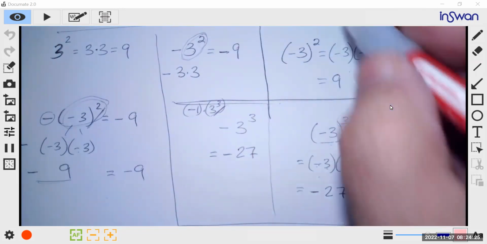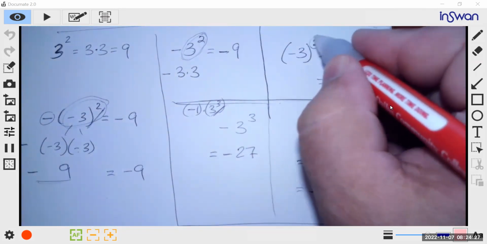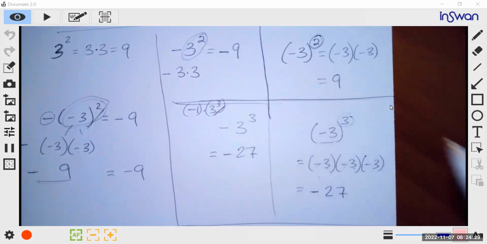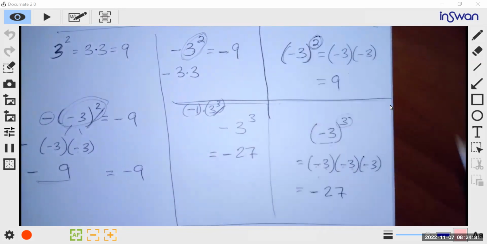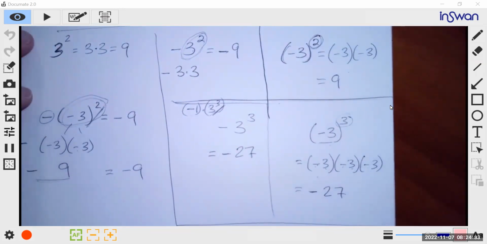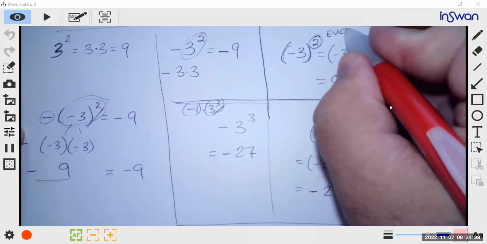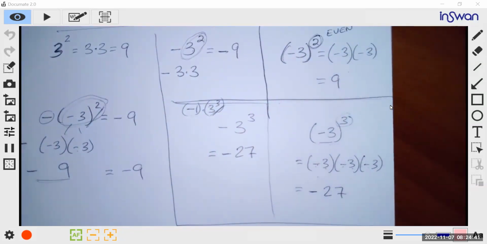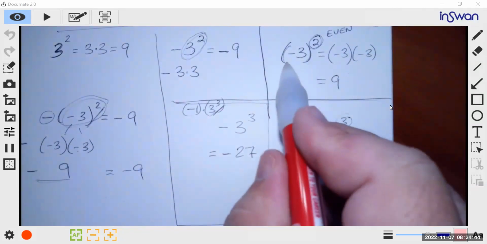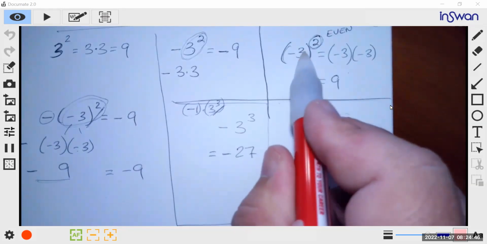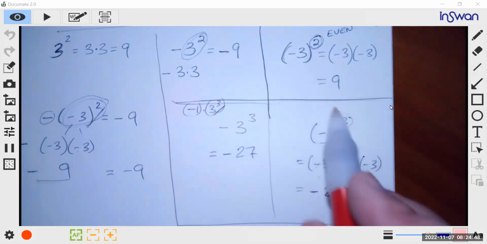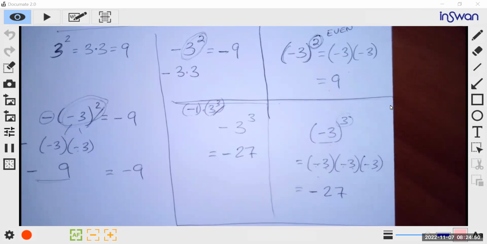If your exponent is even and you have a number outside parentheses, it will always be positive. If your exponent is even and your number is inside parentheses, the base inside parentheses, it will always be a positive answer.